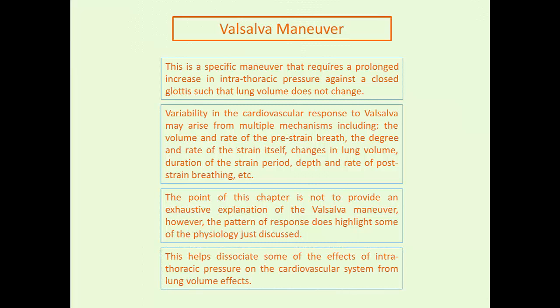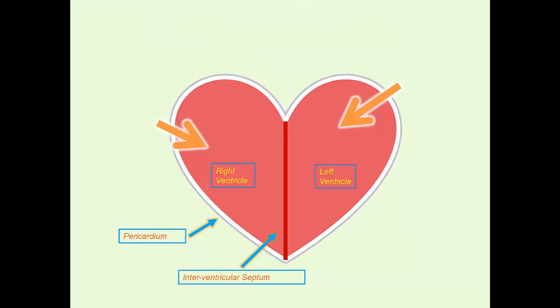And this physiology that we just discussed, again, helps dissociate the effects of intrathoracic pressure on the cardiovascular system from volume effects. So if this is your heart, right ventricle, left ventricle, this arrow represents systemic venous return, this arrow represents pulmonary venous return, and this is your pericardium, and this is your interventricular septum.